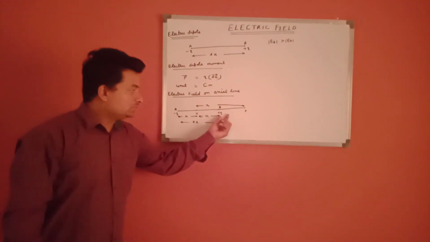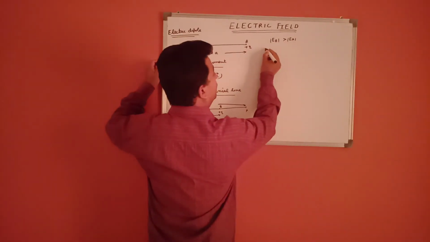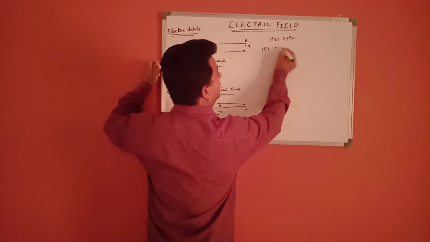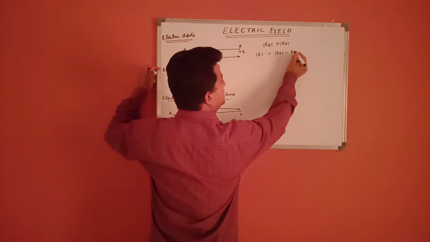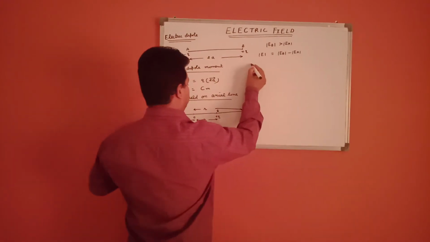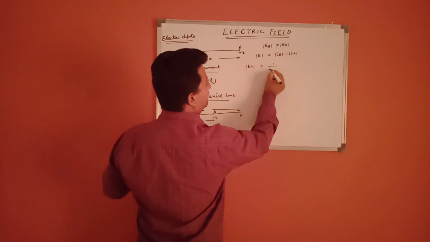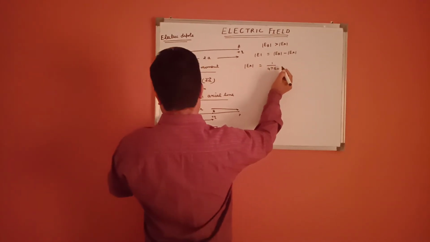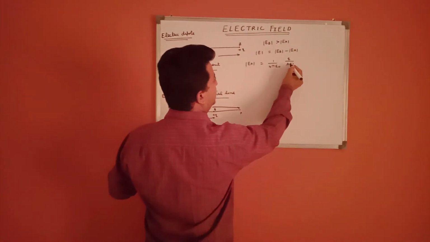This is the positive charge, this is the negative charge. The magnitude of the electric field at point P: EB is always greater than EA. First of all, we find EA. EA is 1 by 4 pi epsilon naught times the magnitude of the charge over the distance between them, AP squared.